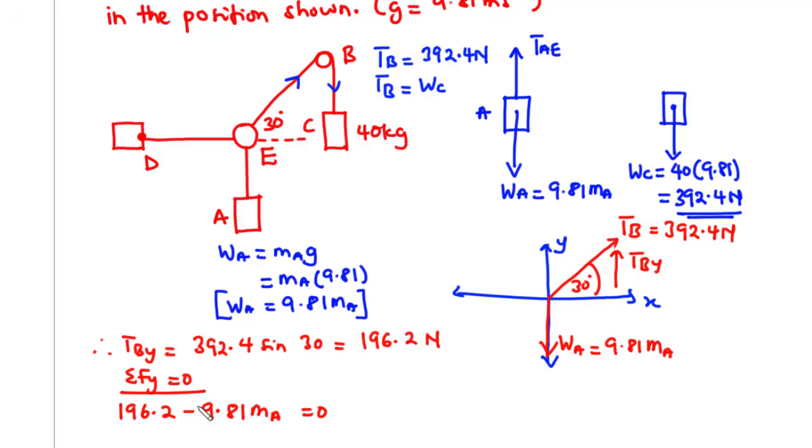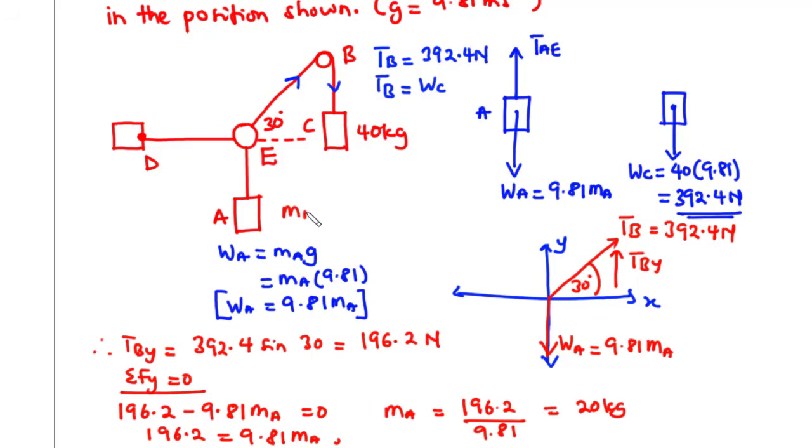We transpose this value to the right hand side, and then we have 196.2 equals 9.81 times MA. Therefore, we divide through by 9.81. We have 196.2 divided by 9.81, and that is equal to 20 kilograms. Therefore, the mass of cylinder A is equal to 20 kilograms.